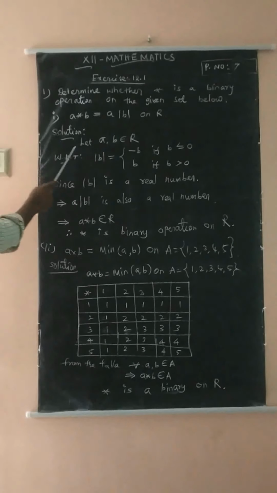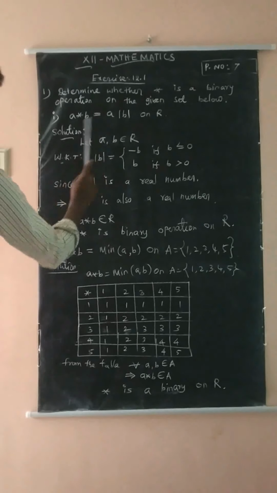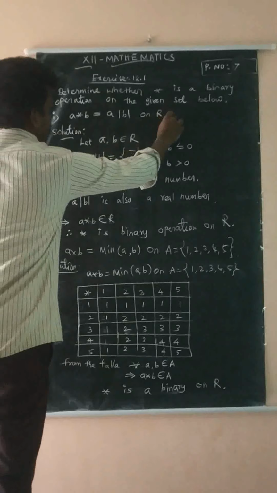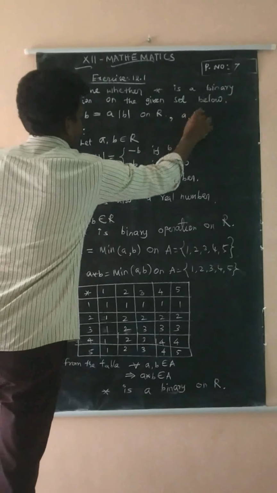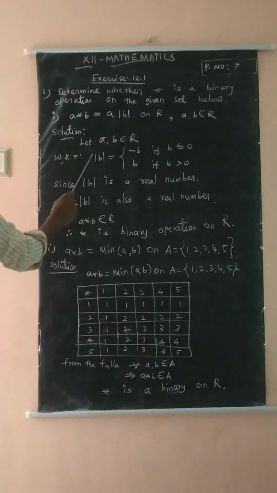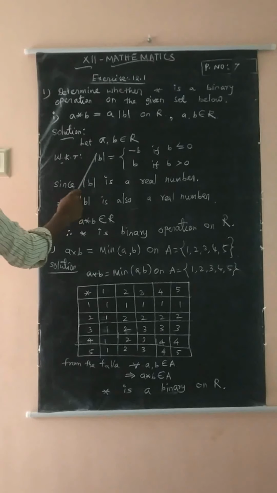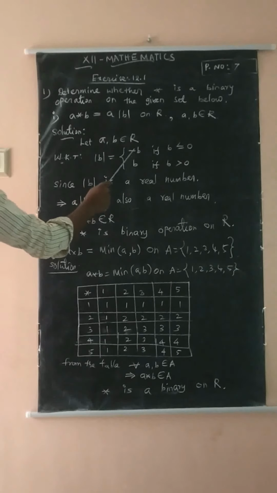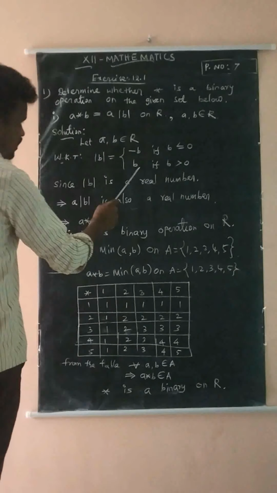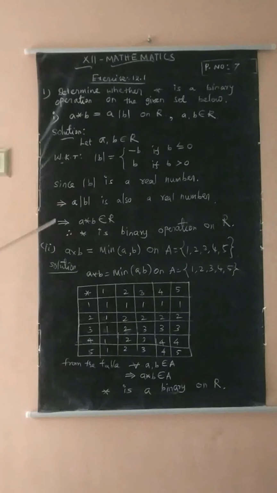Solution. Let A comma B belong to R. We know that modulus of B is equal to minus B if B is less than 0, and B if B is greater than 0.